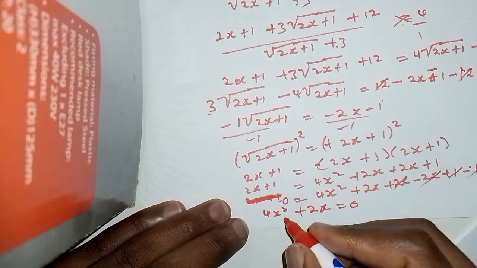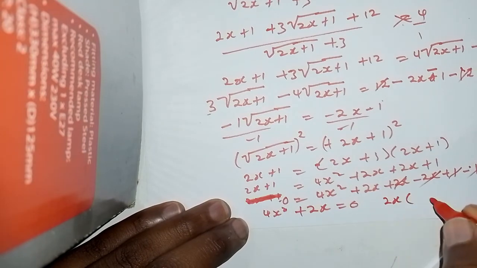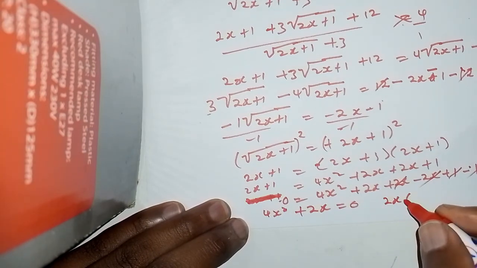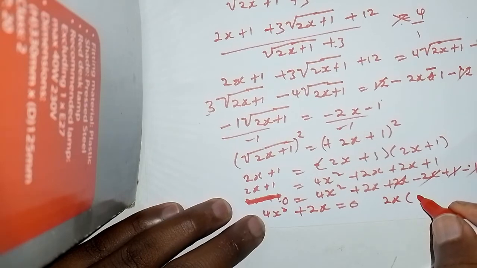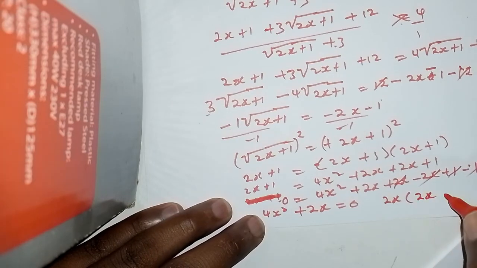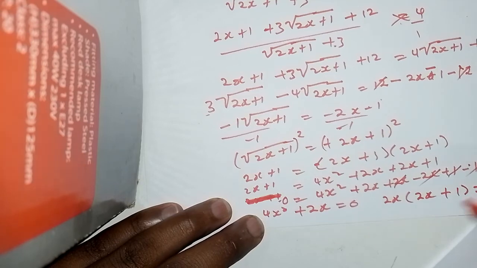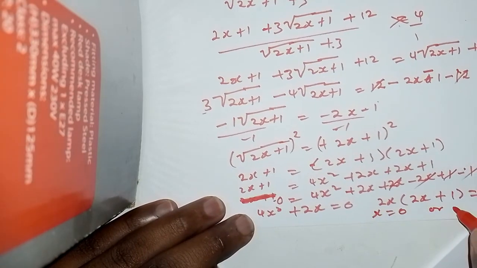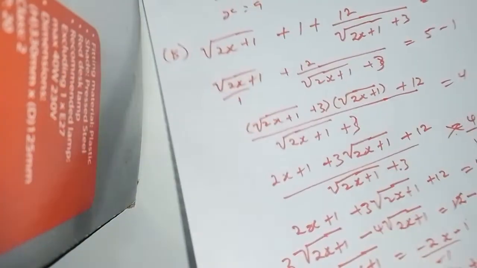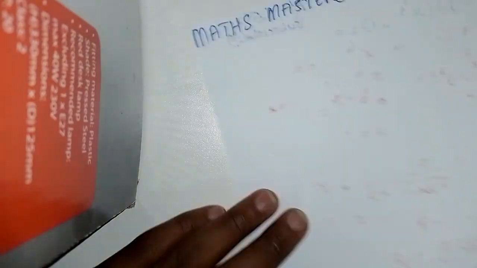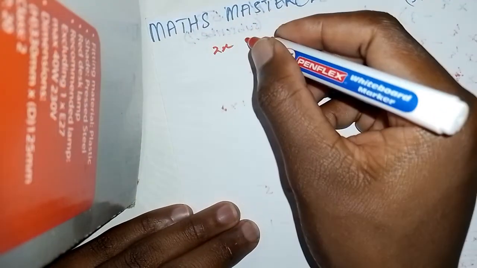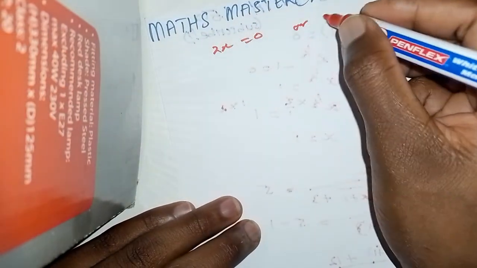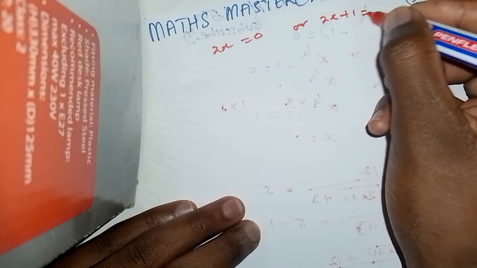Right? Then I can just take 2x as a common factor. I'm going to have 2x into 2x plus 1 is equal to 0. X is equal to 0 as you can see, or, let me write it on the other side, 2x is equal to 0, or 2x plus 1 is equal to 0.